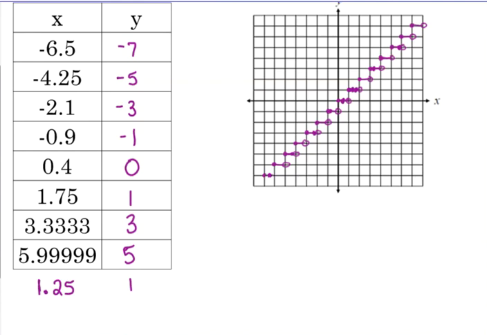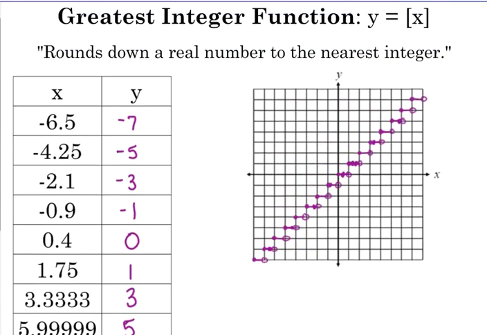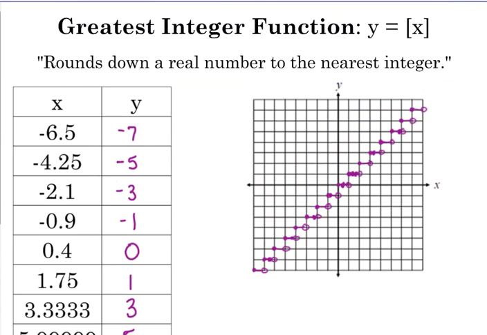Now there are other step functions. This is not the only one. This is just what we consider the greatest integer function. There's also a least integer function. And like with any kind of function, we could add something inside of here.